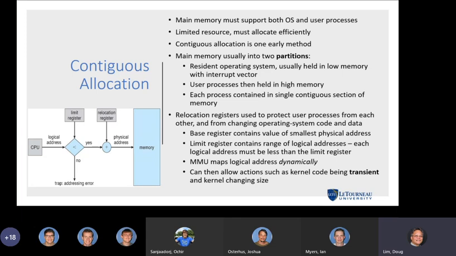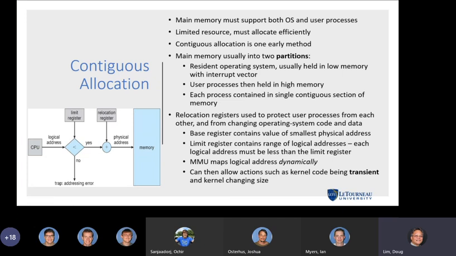Like we talked about earlier, the relocation registers are used to protect user processes from each other because they all start at different locations. The limit register specifies the largest address that can be used by that process. The MMU takes care of this protection and mapping dynamically, so we have hardware support to make this efficient. This also allows actions such as kernel code being transient and the kernel changing size as it's mapped in and out. So this is the concept of contiguous allocation.